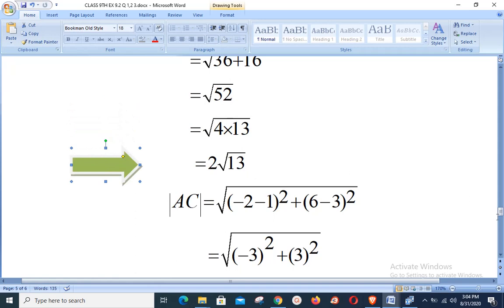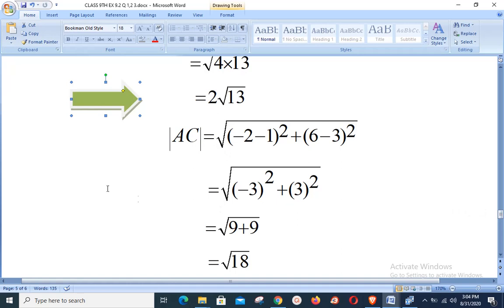Now we calculate the next one, that is the distance between A and C, the side AC of the triangle. Using the same distance formula, the root of (x2 minus x1) whole square plus (y2 minus y1) whole square, we have AC equal to the root of (minus 2 minus 1) whole square plus (6 minus 3) whole square. That results in the root of (minus 3) square plus 3 square.